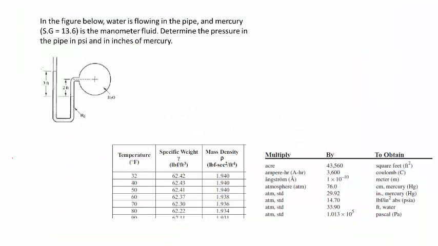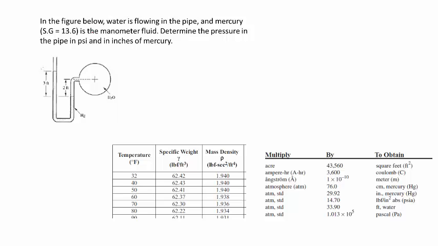Make sure you pause and understand what we're having here. So in this figure below, water is flowing in the pipe, and mercury that has a specific gravity of 13.6 is the manometer fluid. So we need to determine the pressure in the pipe in psi, and then in inches of mercury. Okay, so if you look at your FE manual, you will find the necessary equations.